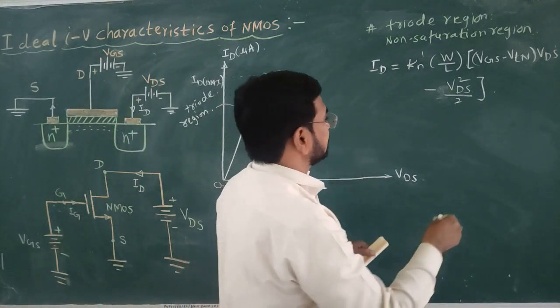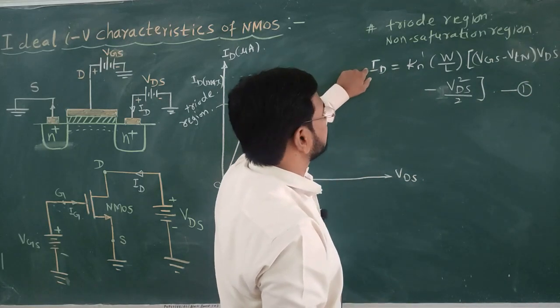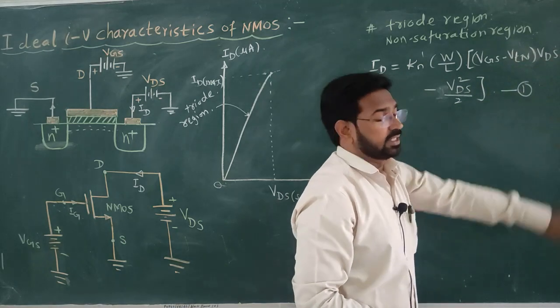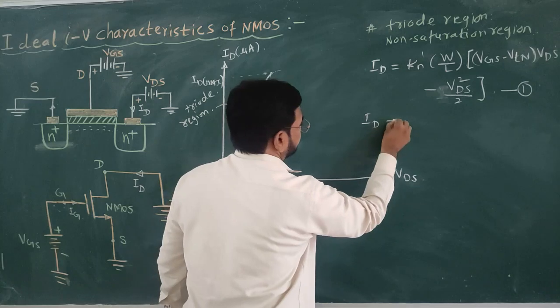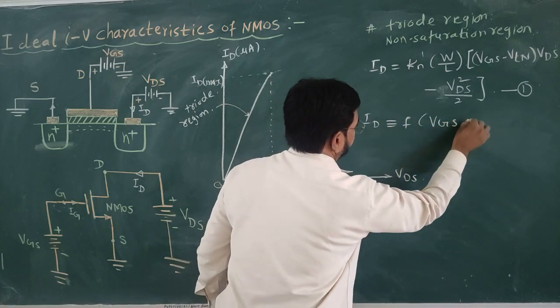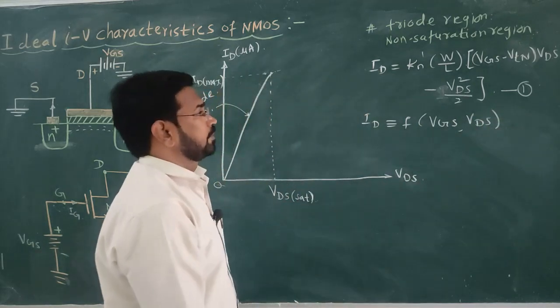This equation tells us that the drain current is a function of the gate voltage as well as the drain-to-source voltage. So, ID is a function of VGS and VDS.